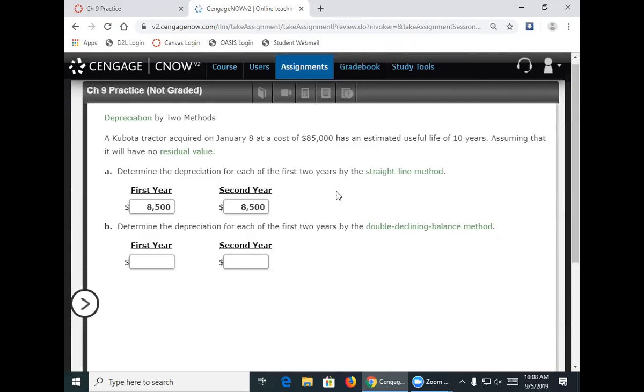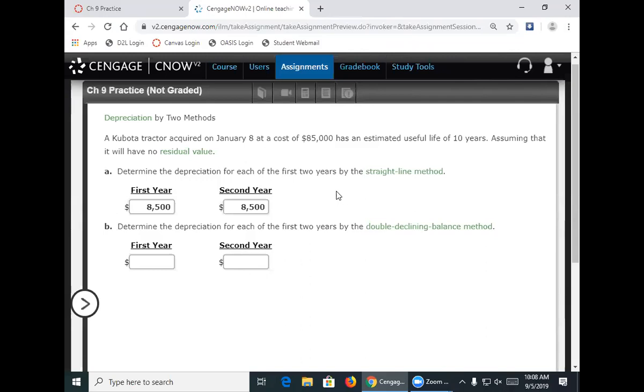Okay, so your double declining balance rate is going to be the straight line rate we just calculated and multiplied by 2. Okay, so 10% times 2, 20%. So as long as you know to calculate it and do it in that order, it's not difficult, it's just extra steps. Okay. Any questions so far?